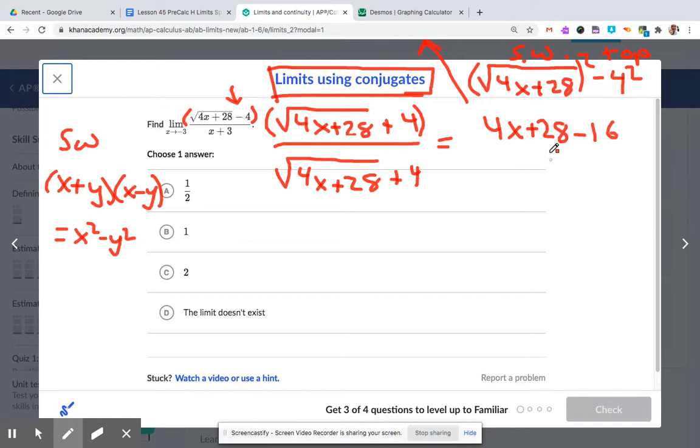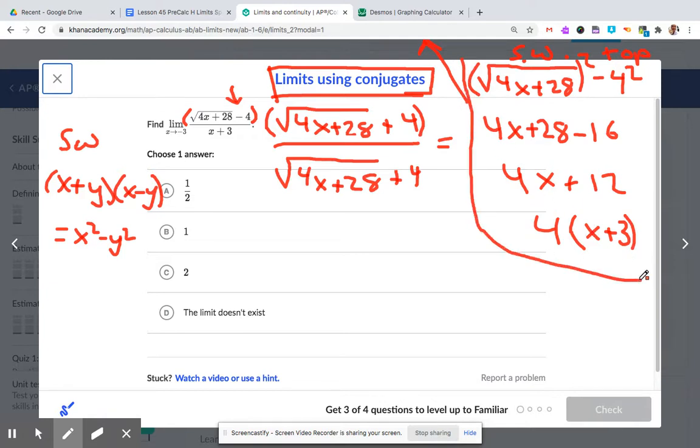All right. So 4x plus 28 minus 16 is 12. There's a common 4 in here, and I get x plus 3 left inside. All right, so this was all the side work on the top. So this all turns into the limit as x goes to -3 from both sides.